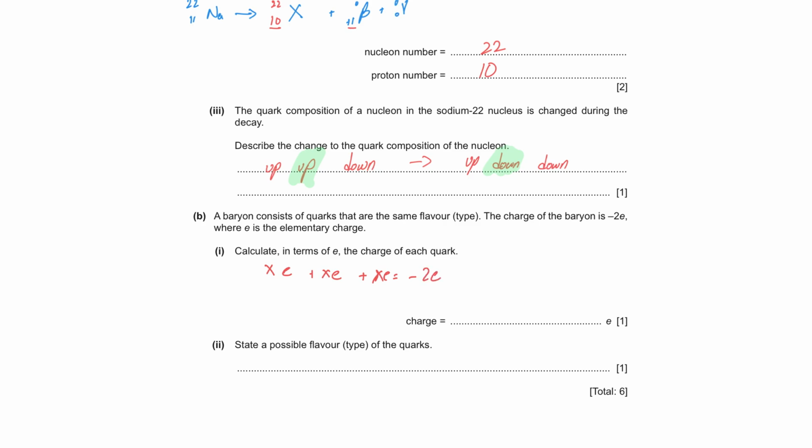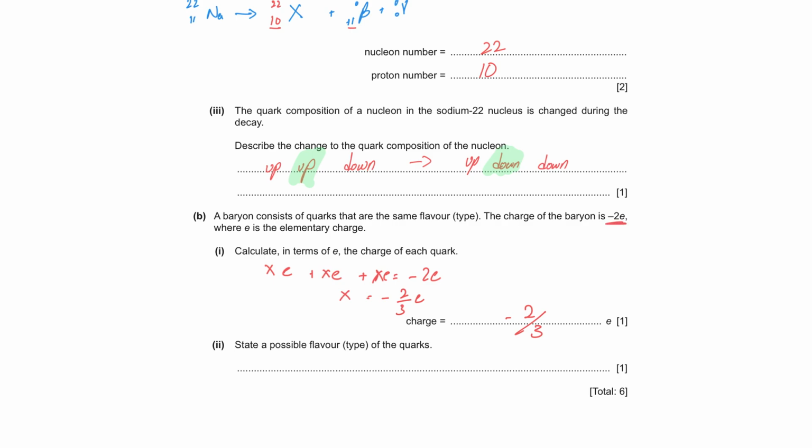These are the 3 identical quarks that we have, with each quark having a charge of Xe. You can solve for X, or you may not feel the need, you can do this directly. X is equal to -2 by 3 e. So -2 by 3 plus -2 by 3 plus -2 by 3 is -6 by 3, which is equal to -2, which is what they want.